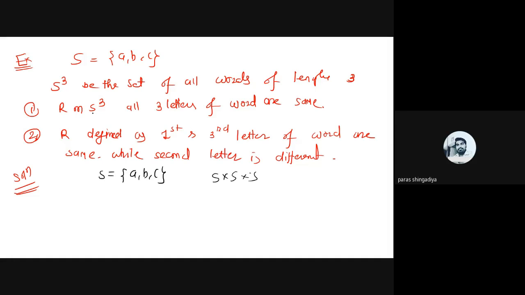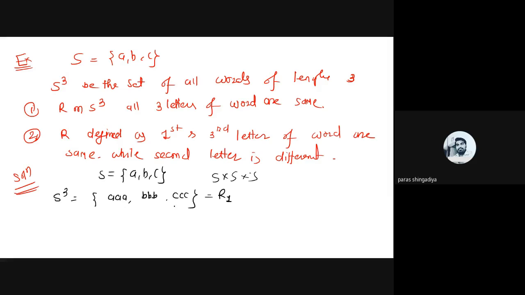Meaning, in this first condition we are given that for R on S cube, all three letters of the word should be the same. So here it will be S cube: A, A, A, all these three letters are the same. The second choice is B, B, B. And the third will be C, C, C. So that is the S cube, and we can consider it as R1.